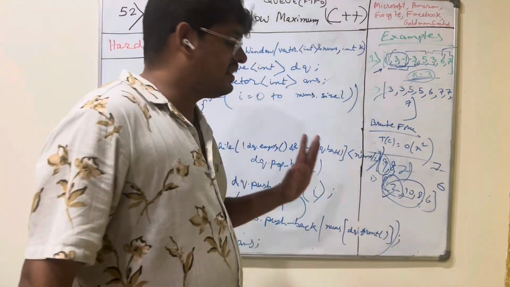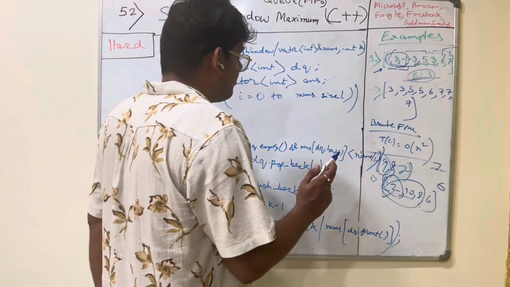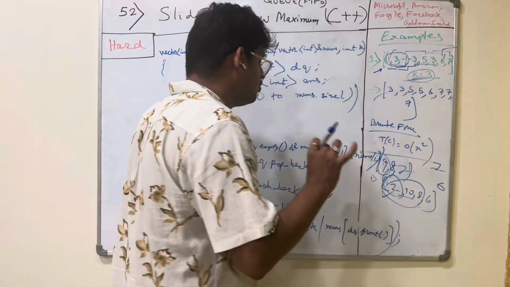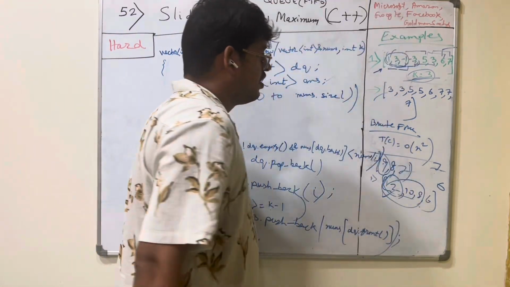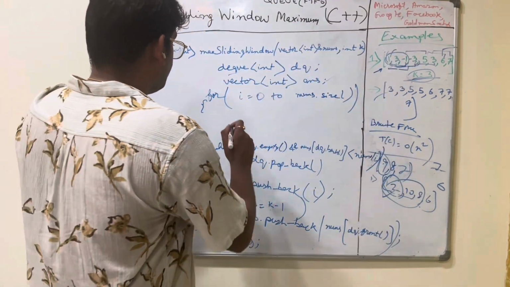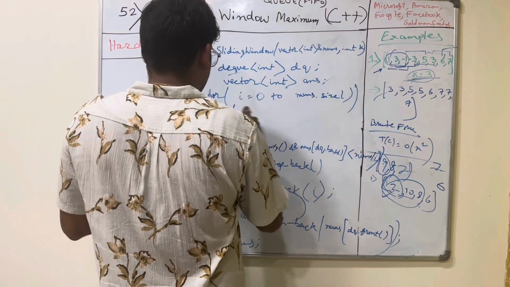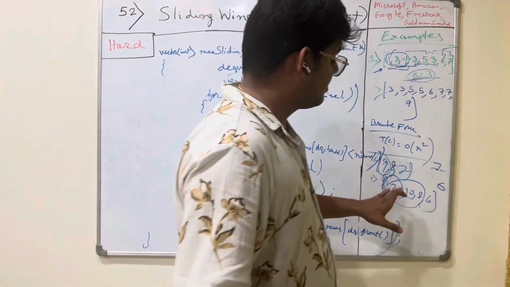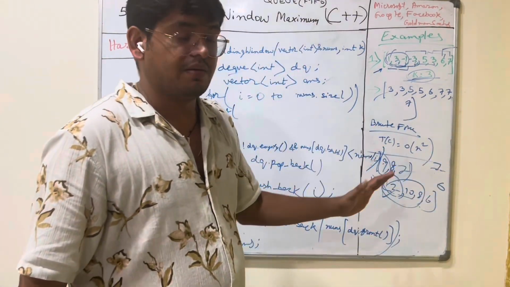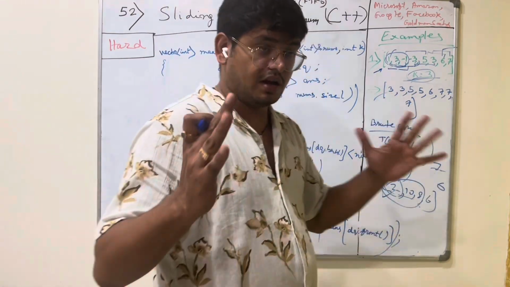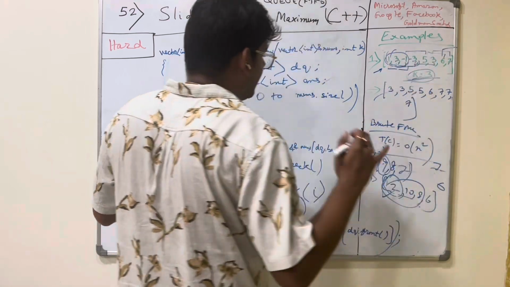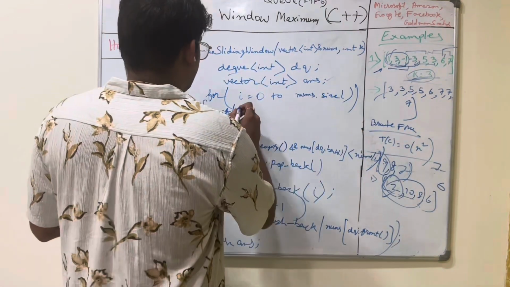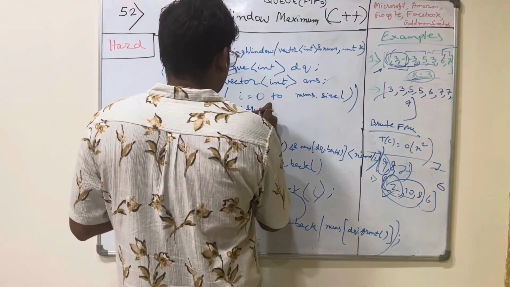So to get that part, we have actually inserted the position in the DQ. How will we find out? We'll find out when the front element needs to be removed, because it has crossed the limit of the sliding window. So how do we find it? When the Q is not empty, of course.